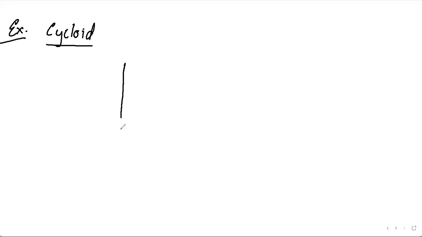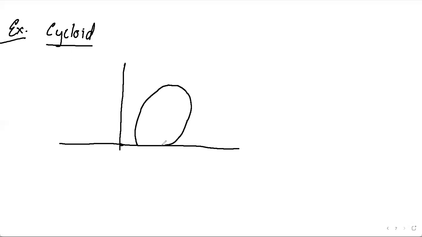So a cycloid is, so this is a circle, not a very good circle. A cycloid is the path traced by a point P on a circle which is translating along the x-axis without slipping.